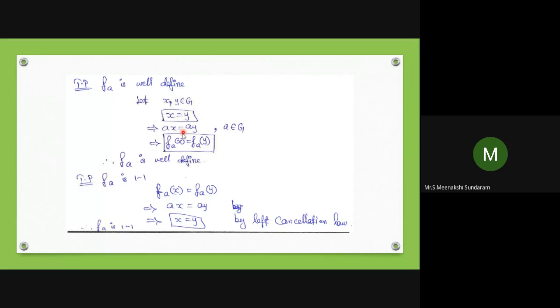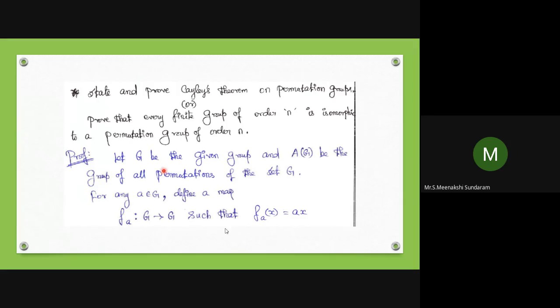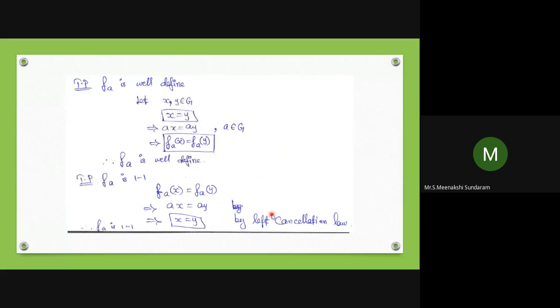Both are equal, since ax equal to ay is nothing but ax equals f_a of x. So f_a of x is equal to f_a of y. Therefore, f is well defined.